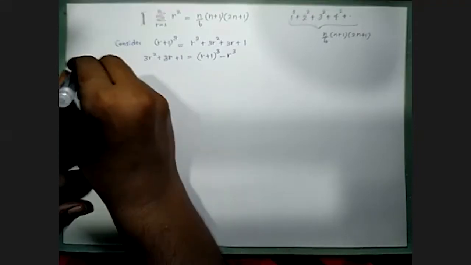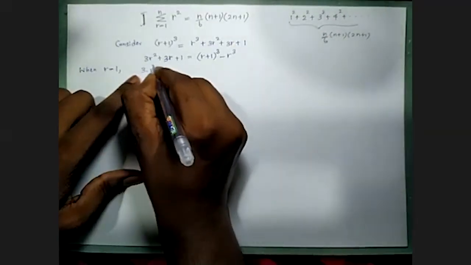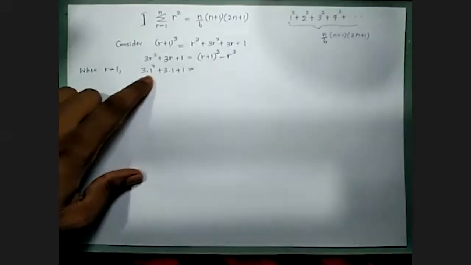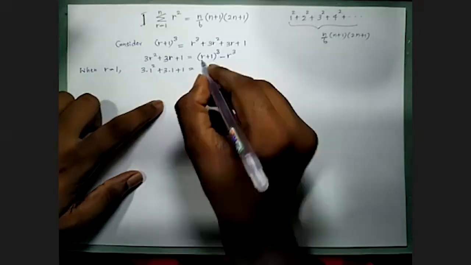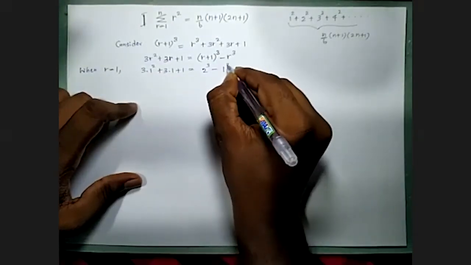Okay, now substitute from 1 to n. When r equals 1, now I'm going to write it quicker: 3 into 1 square plus 3 into 1 plus 1. Then substitute 1 here. This becomes 2 cube minus 1 cube.